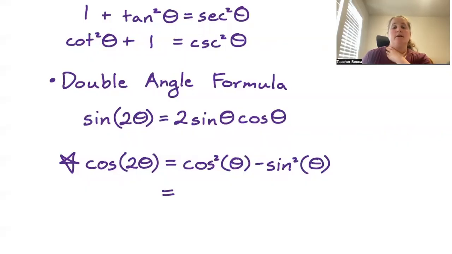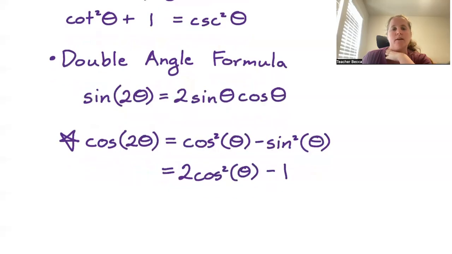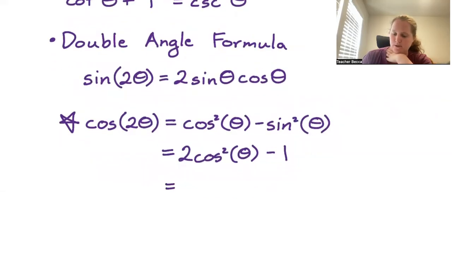But sine squared theta is just 1 minus cosine squared theta. So this is equivalent to 2 cosine squared theta minus 1. It is also equivalent to 1 minus 2 sine squared theta.